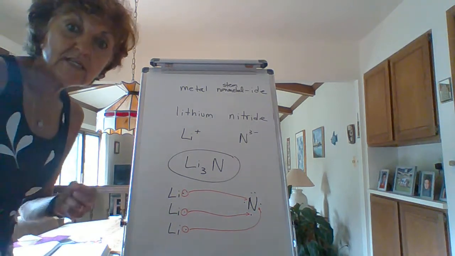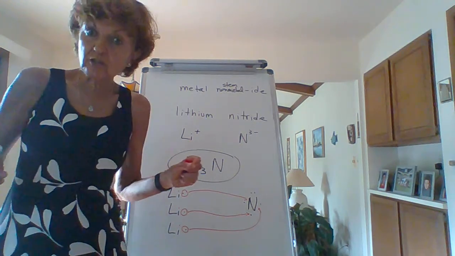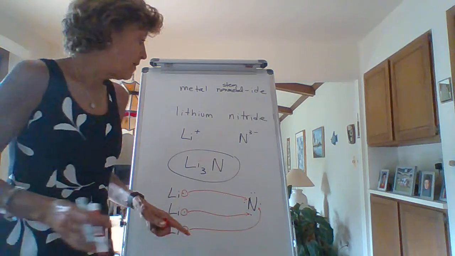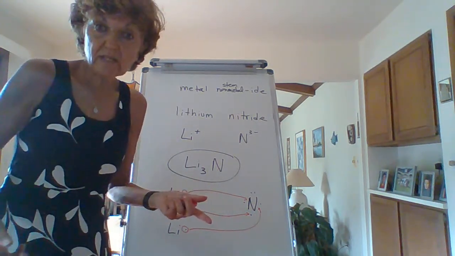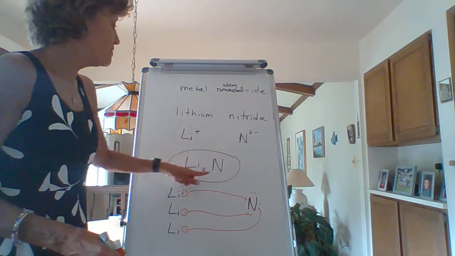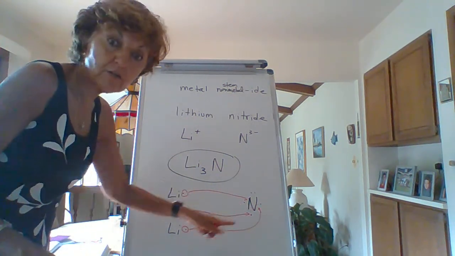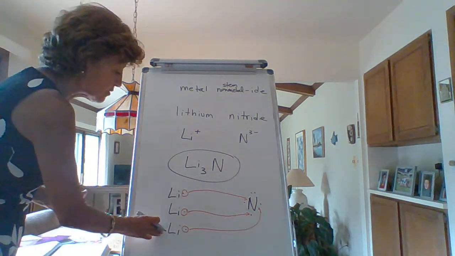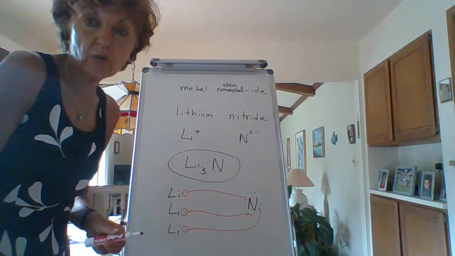The point is, an ionic compound has to be neutral, no net charge. The pluses and the minuses cancel out. So when you do this crisscross technique, they always cancel out. So this is why I call this the no-brainer technique. This shows how the transfer occurs, but the net result is you have 3 lithiums to 1 nitrogen, which is exactly what this is showing.